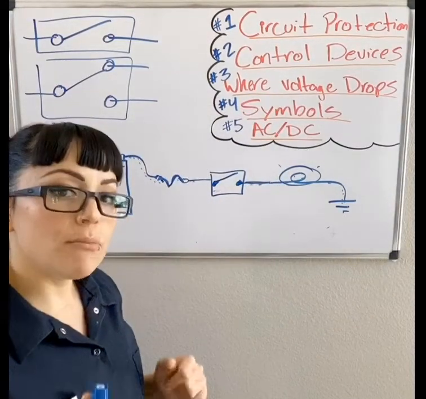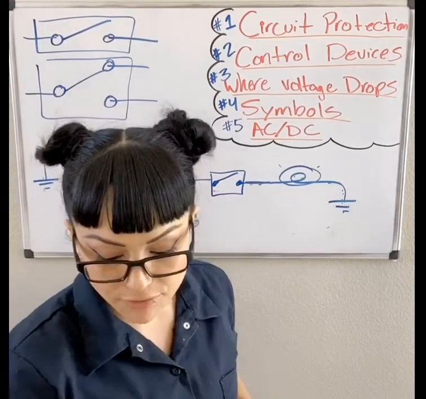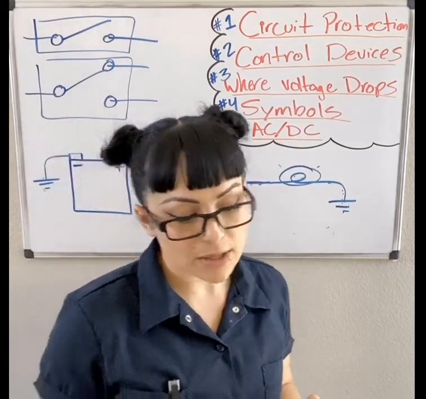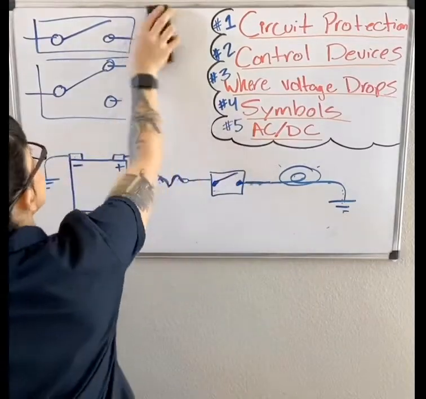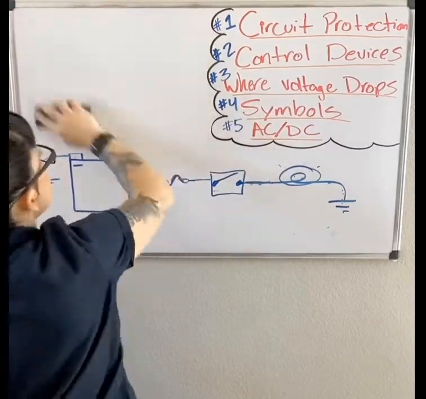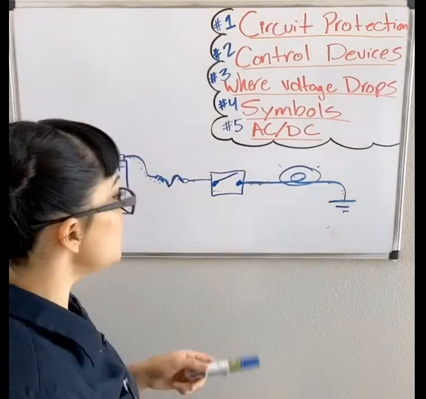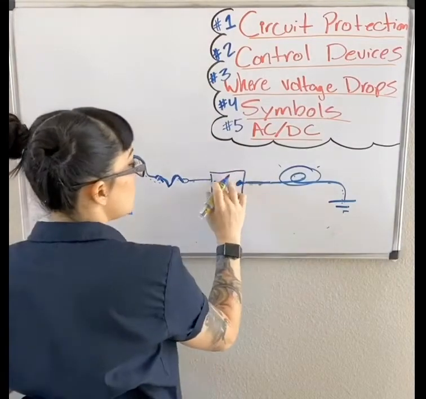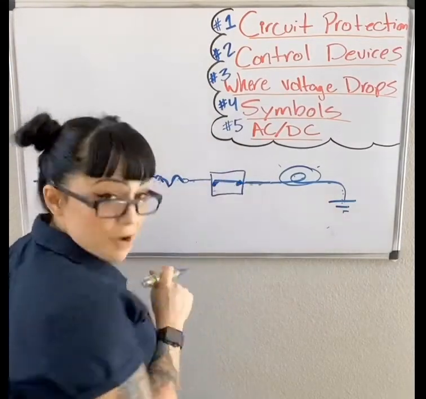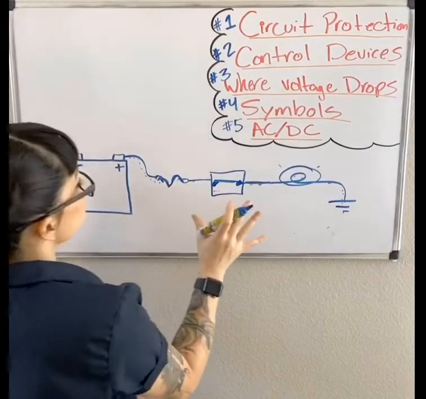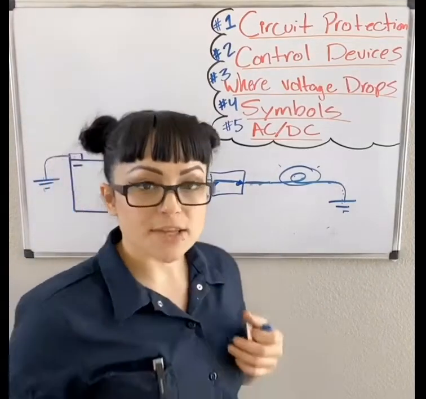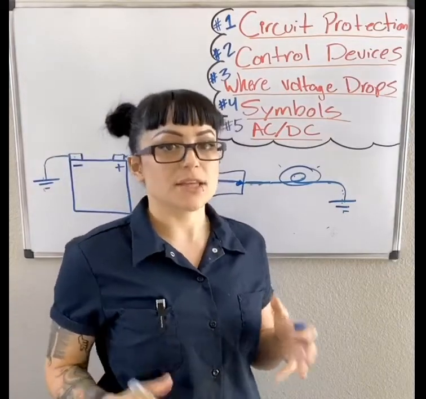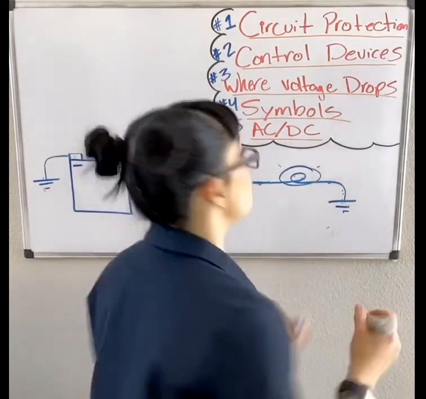Now, before we move on from control devices, I think it's really important to talk about relays. Without getting too crazy, I'll close my switch back up here so we have continuity in the circuit. But in some instances, besides a switch, another device we can use to control a circuit is what we call a relay.